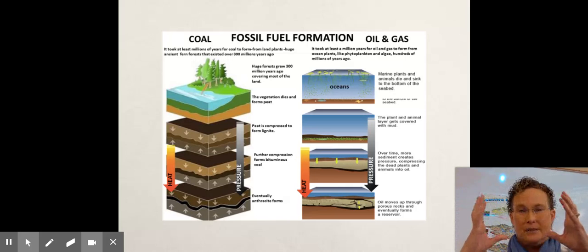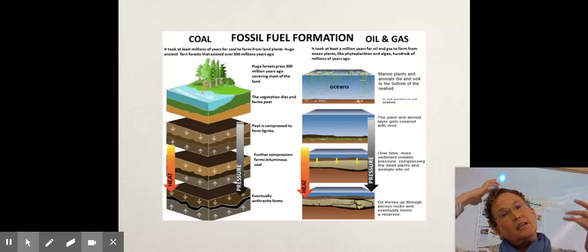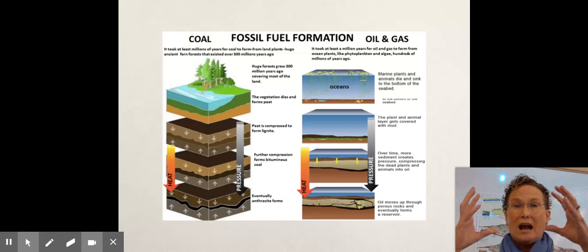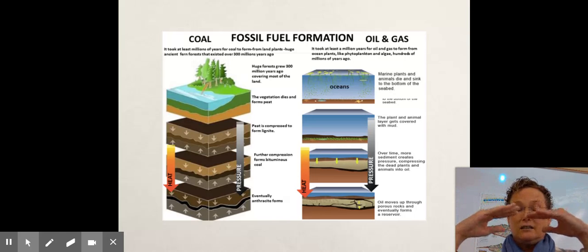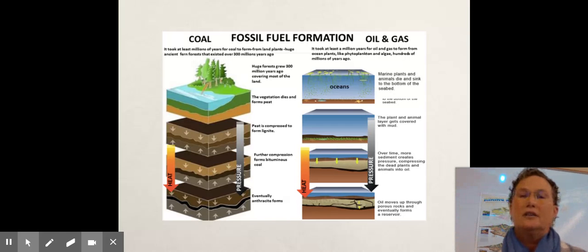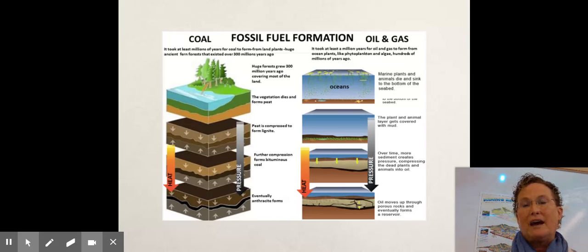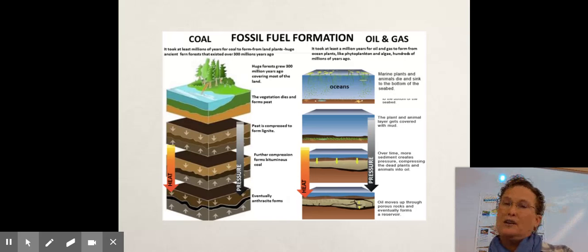So mostly plants, but some dinosaurs, that's why fossil fuels, right? They were alive, and then they died, and they got layered and smashed underground for 100 millions of years. So it took lots of time, heat, because it's deep, and pressure to transform dead organic matter into a fossil fuel: coal, oil, or natural gas.